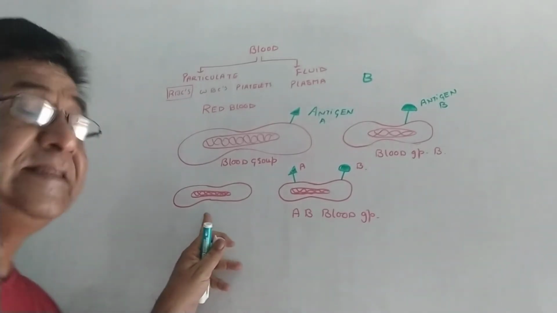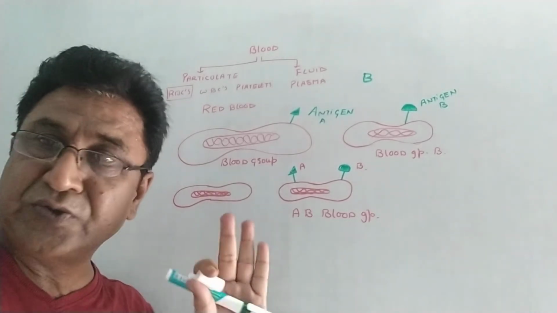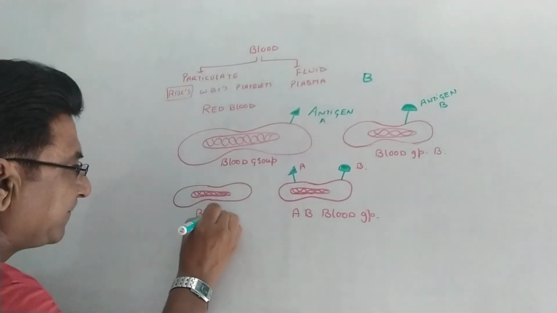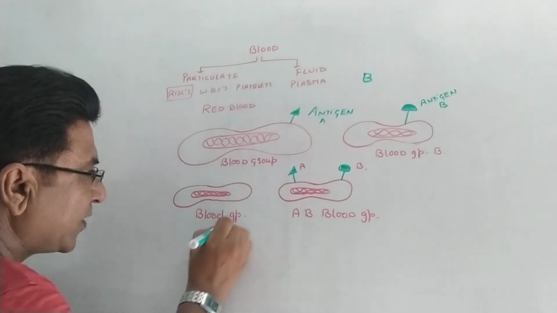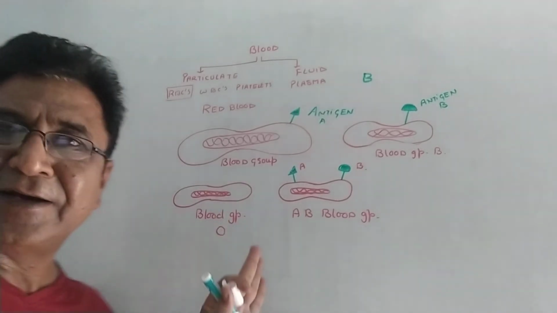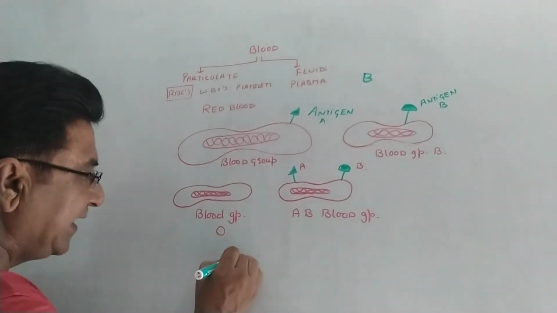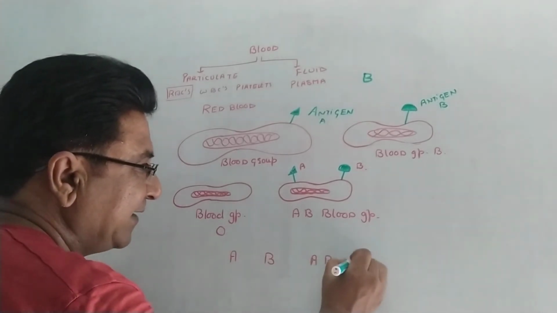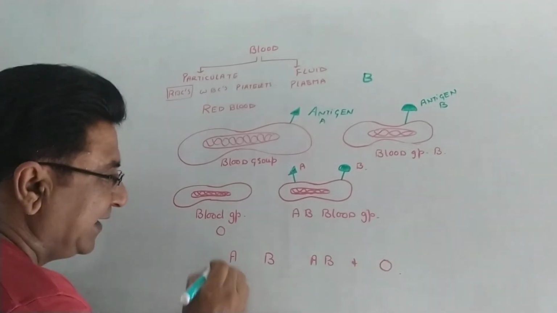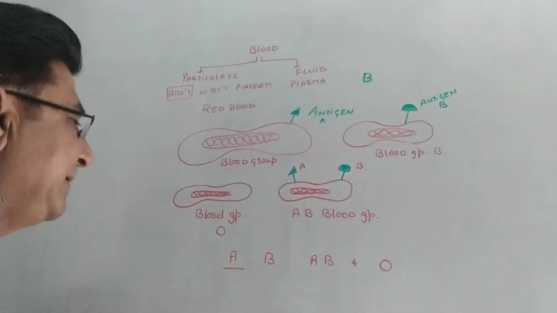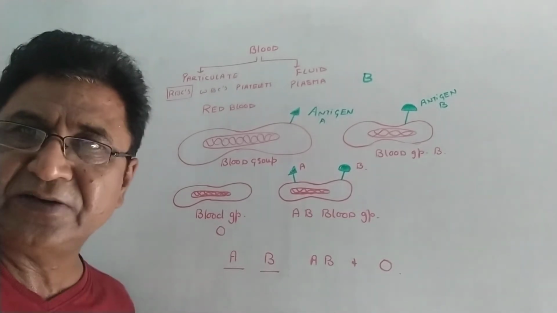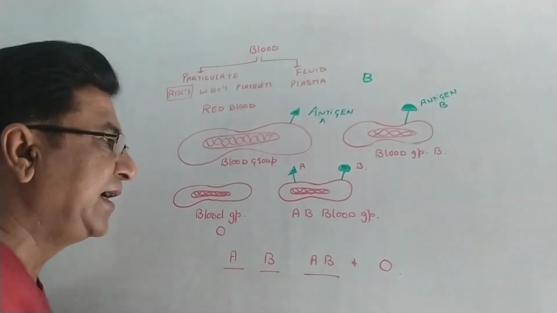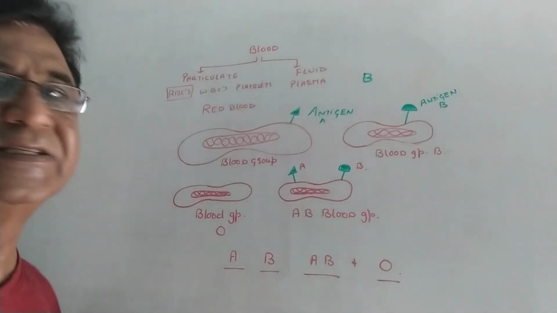And the RBCs not having any antigen are blood group O. So there are 4 blood groups: A, B, AB and O. A has antigen A, B has antigen B, AB has both antigens A and B, and O has no antigen.